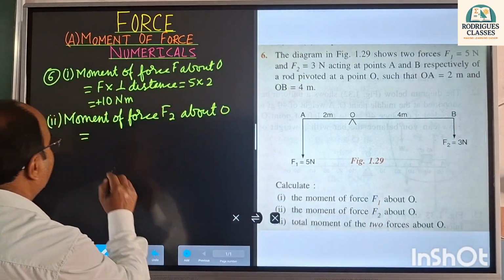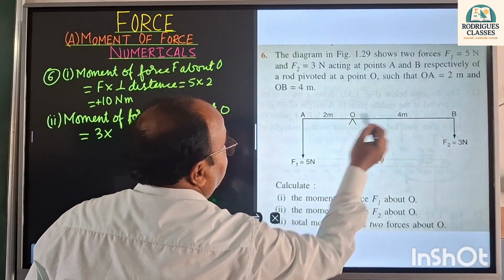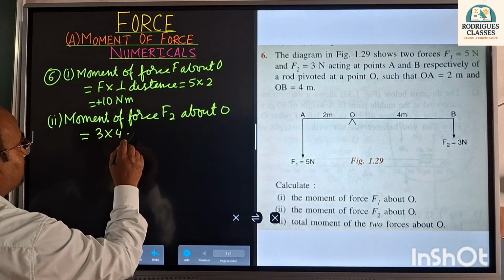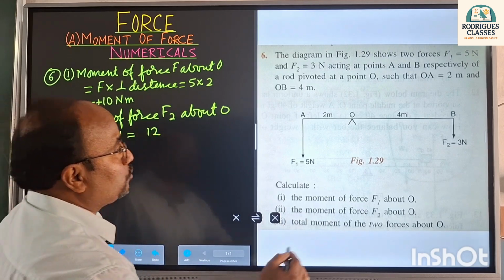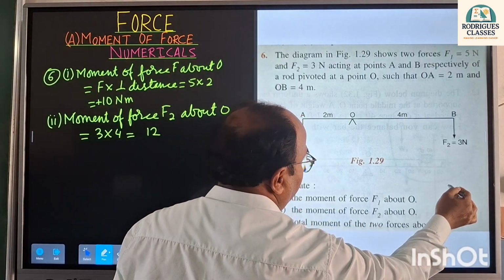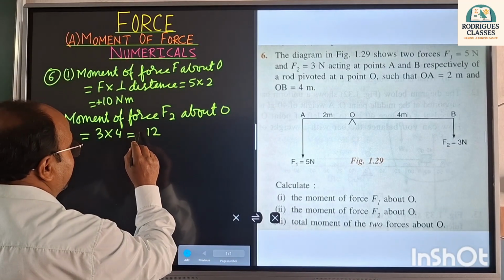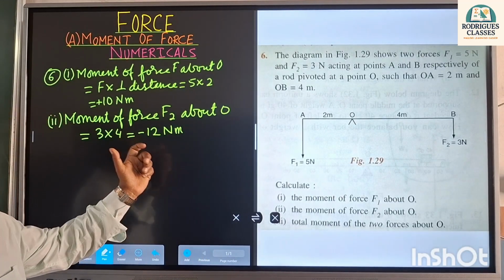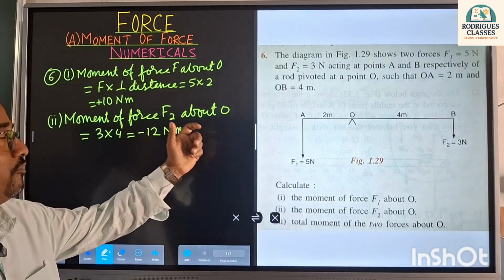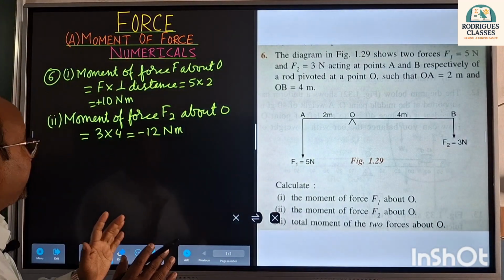Force F2 is 3 Newton and the perpendicular distance is given as 4 meter. So that is equals to 12. Okay. Now this one will be turning it in this way. So that will become clockwise. So clockwise gets a negative sign, Newton meter. So you could have written minus, I have written, you could have also written clockwise, would be correct. So that is the second one done.